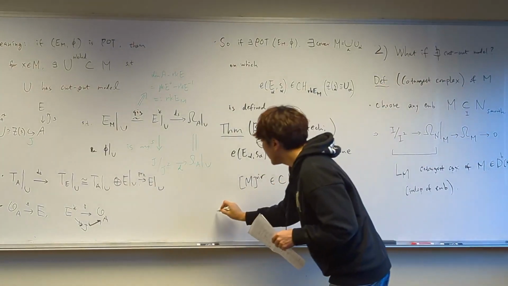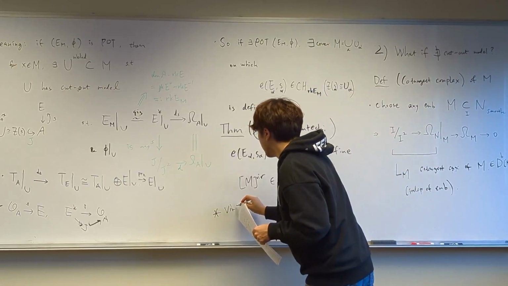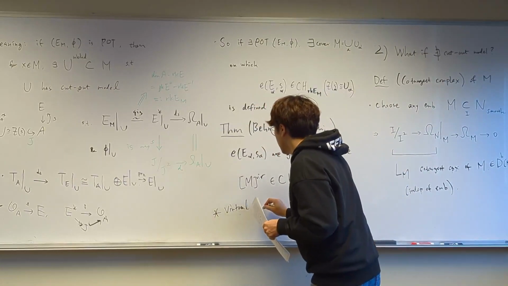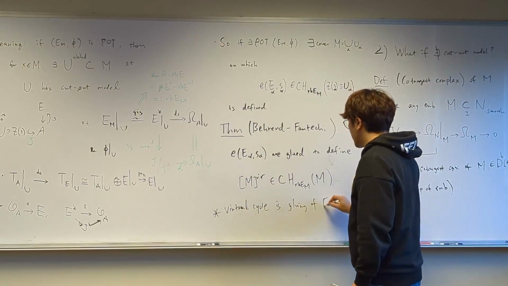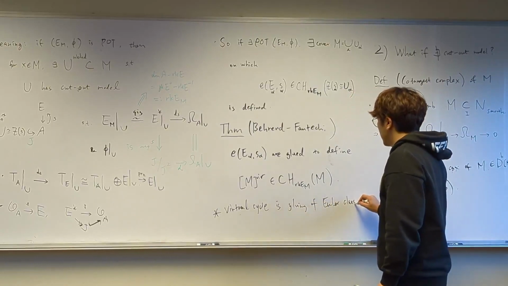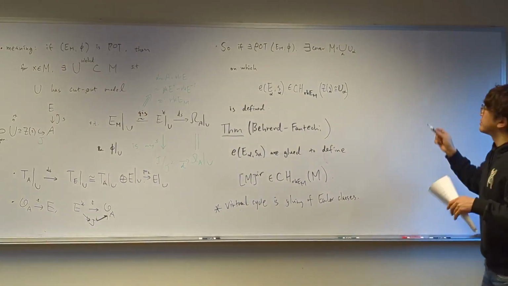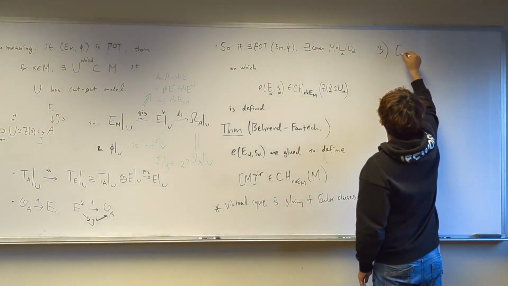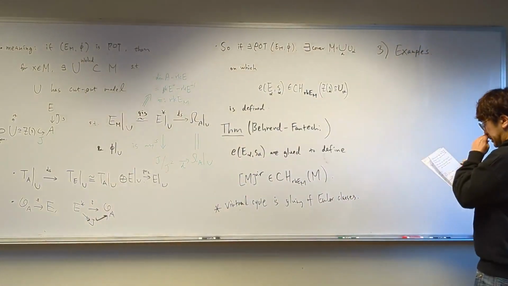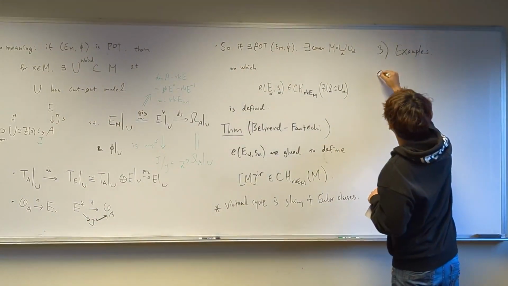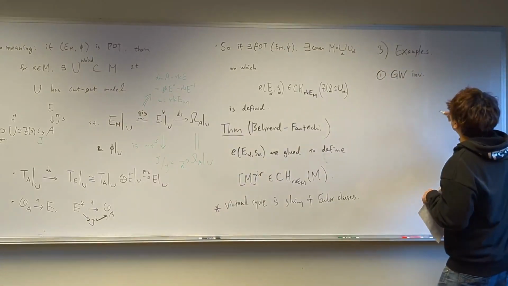So it says the virtual cycle is somehow a gluing of local classes. I want to give some examples. So first, Gromov-Witten invariant.